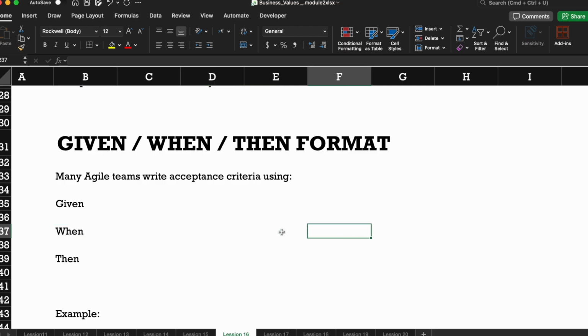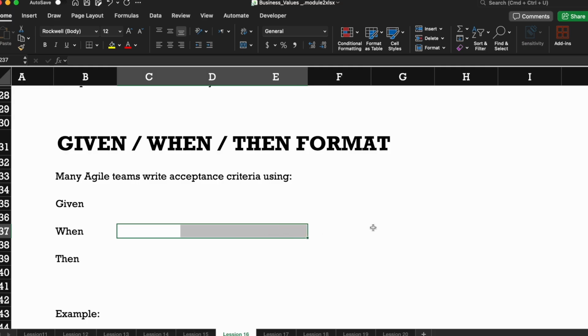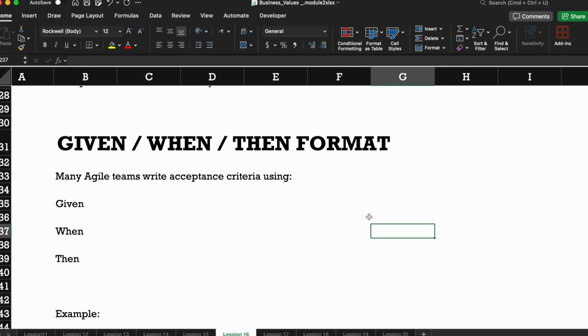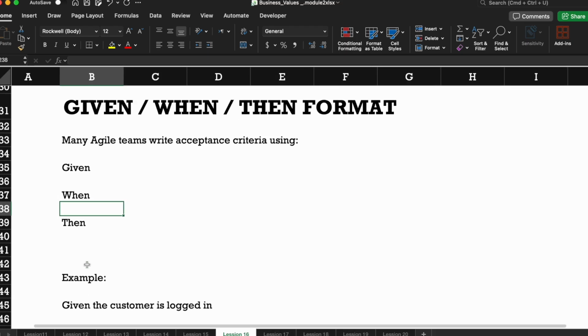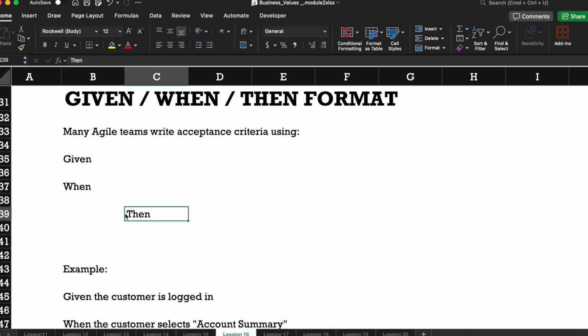The user has to manually select the account number and click view account balance. Even though they select the account number, we are not expected to see the account balance. They have to click the view account balance option. That's why you need to document it clearly. Okay, that's the when condition. Then it should display the available balance of that particular account. It should not display your entire account balance. So that's very important.